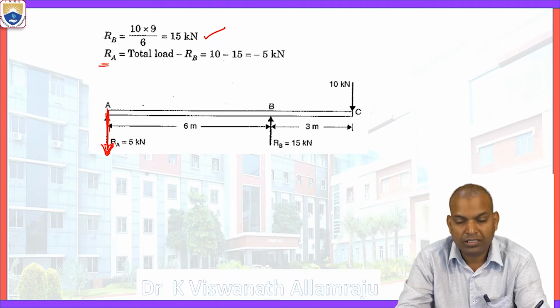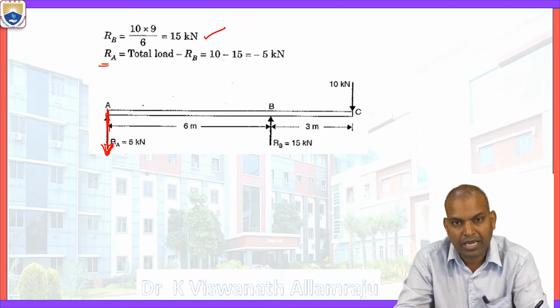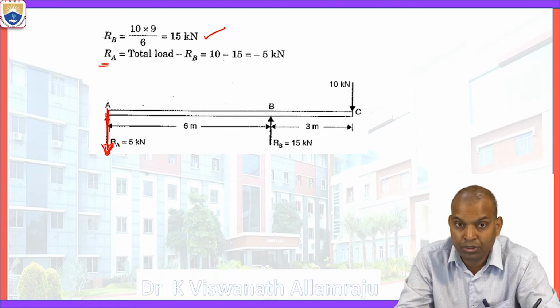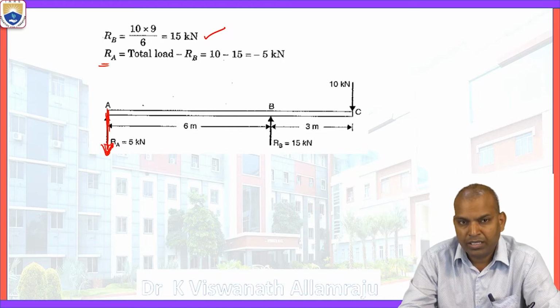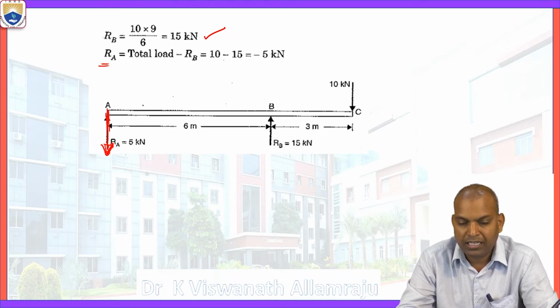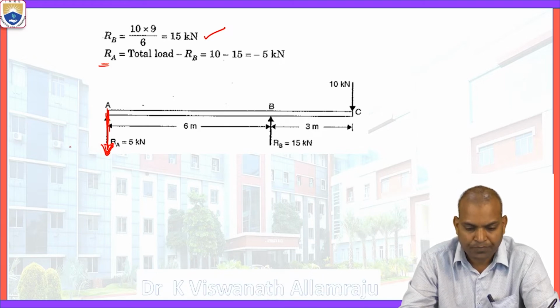RA is also acting downwards, which is why 15 kilonewtons is supported by support B. In this manner, these calculations help us understand the physical phenomenon of the load's action on the supports.